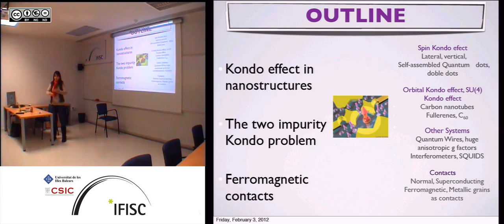You can just write a Hamiltonian for the two sides, make a kind of canonical transformation, and you end up with some type of Heisenberg Hamiltonian, J S1 S2. So, yeah.